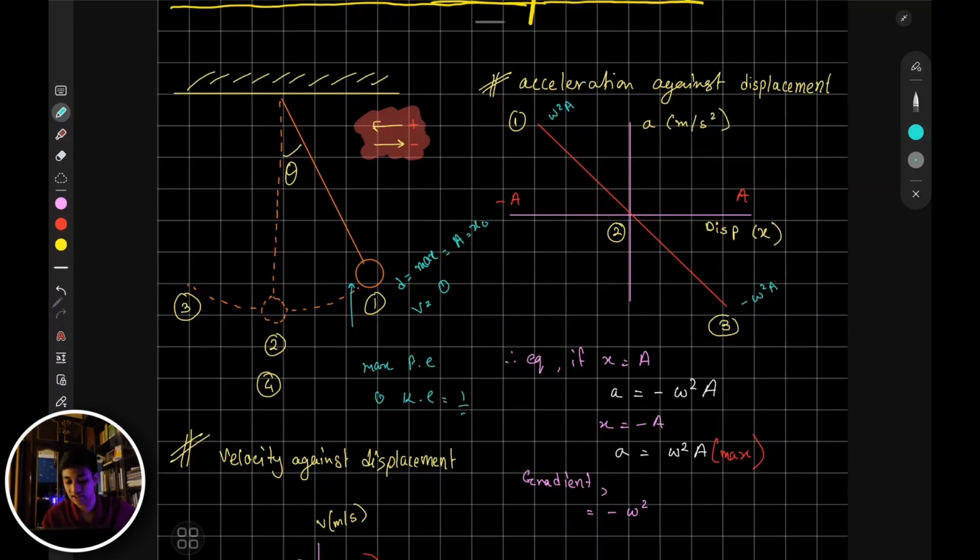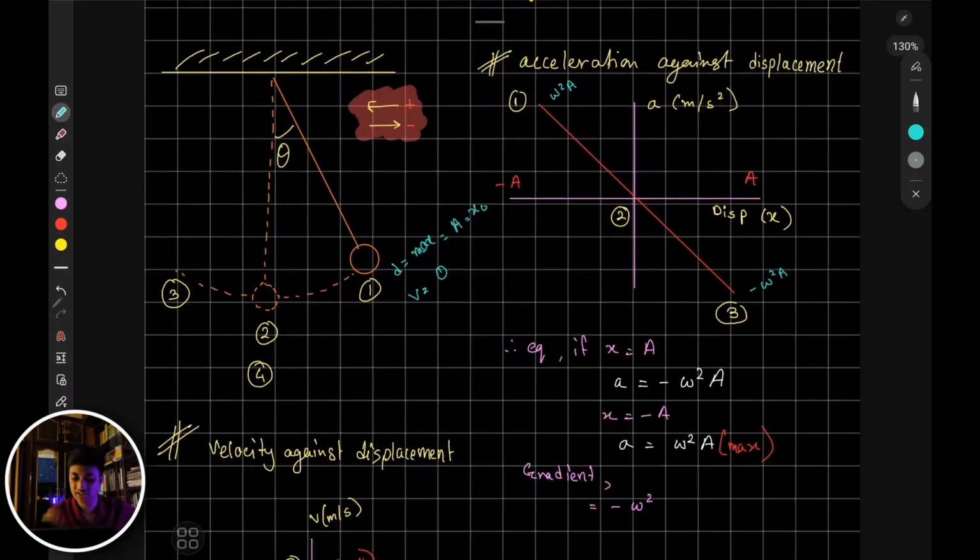What is kinetic energy? Half m v squared. If KE is 0, that means velocity is 0. So at the extreme position, where it's displaced by the amplitude A, the velocity is 0.